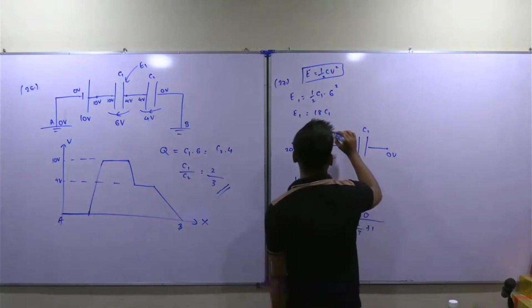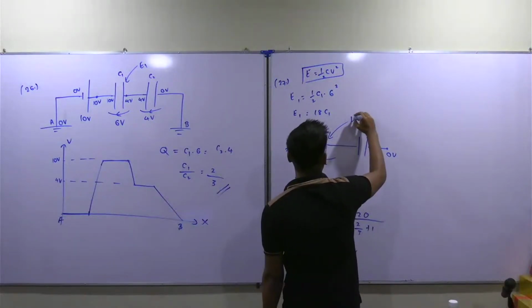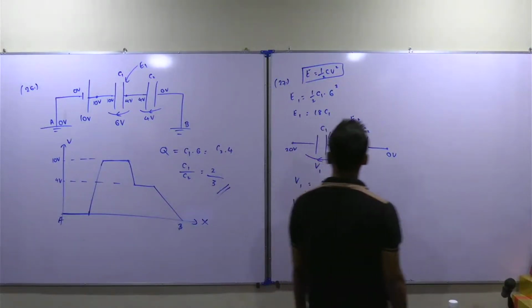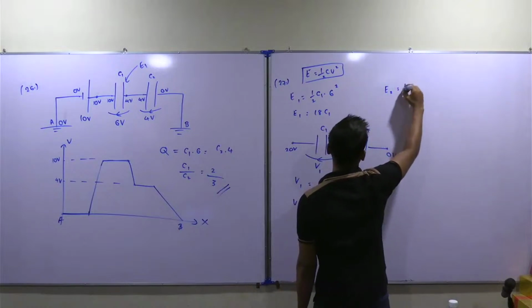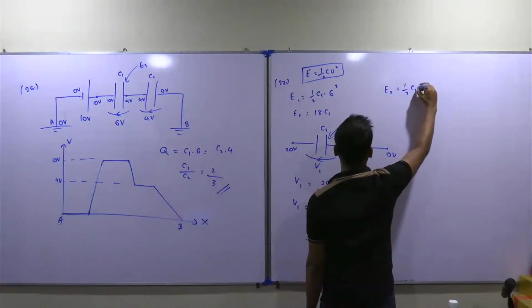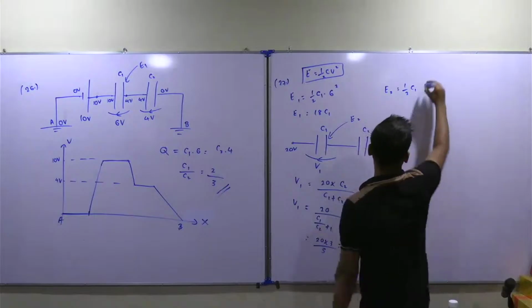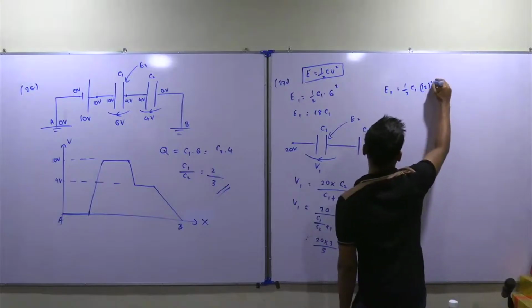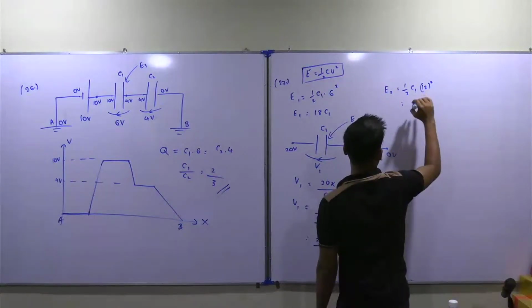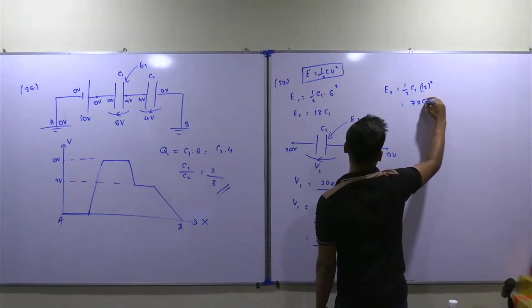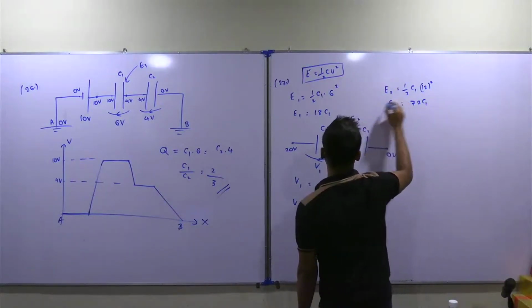Now they have mentioned the energy stored at this instance is E2. Now you can find E2. How to find E2? E2 is half C1 V square. Voltage is 12, 12 square is 144, divided by 2, that is 72 C1. This is E2.